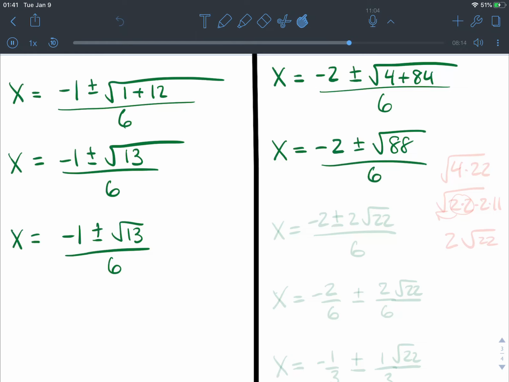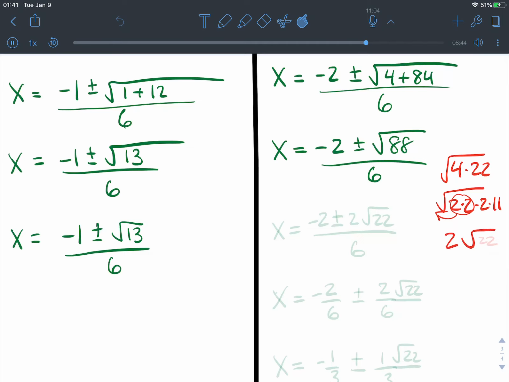But we can break down the square root of 88, and I'll do it in a different color. So I know 4 goes into 88 22 times. And we can break down 4 as 2 times 2, and 22 is 2 times 11. Well, we have two 2's, but the other 2 and the other 11 don't break down.